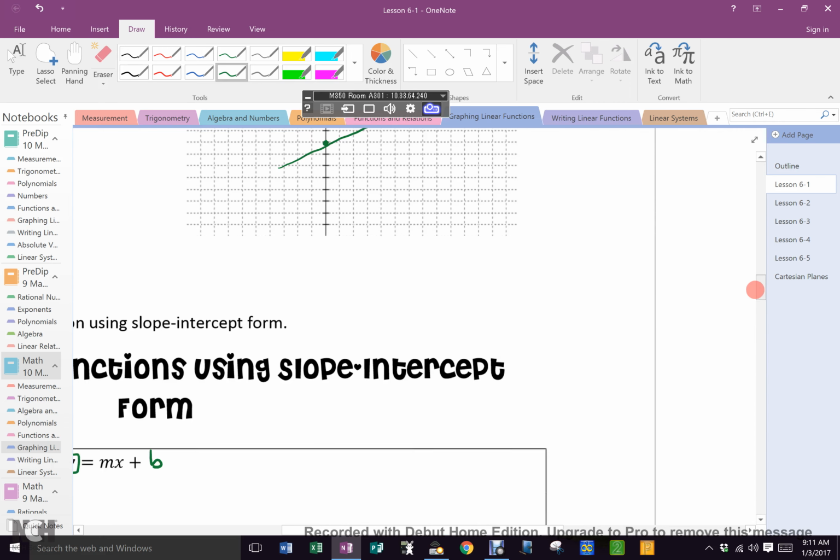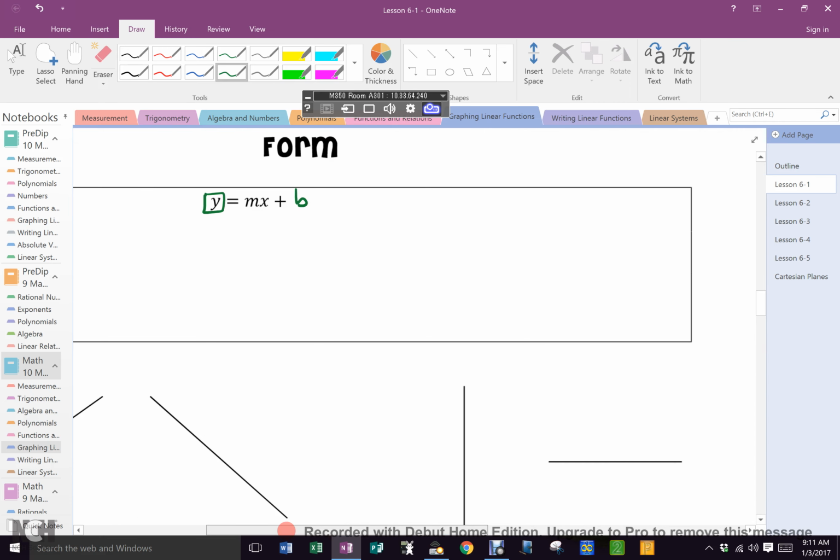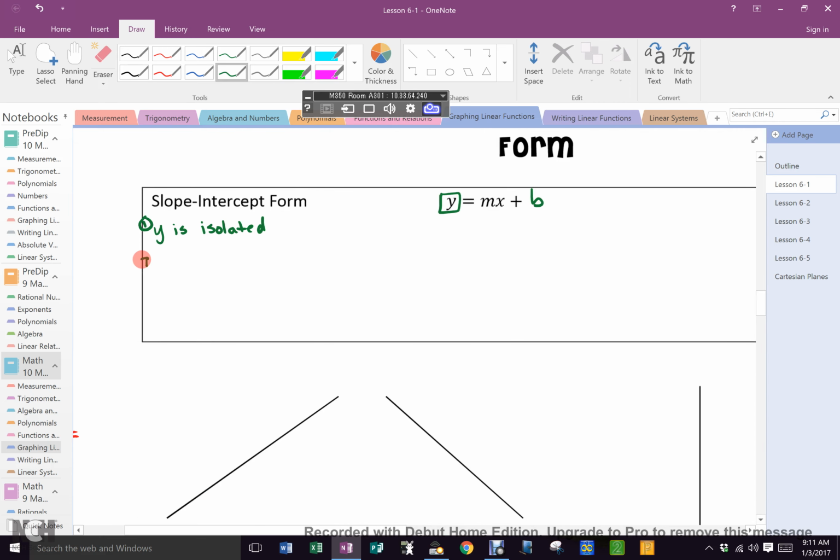B. When y is isolated, b is my y-intercept. That is something that you already proved with the last two questions. Do you all understand?